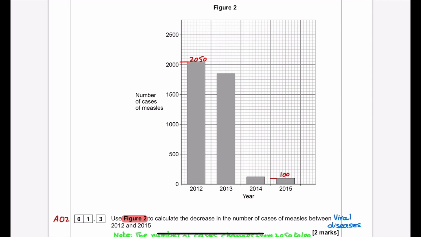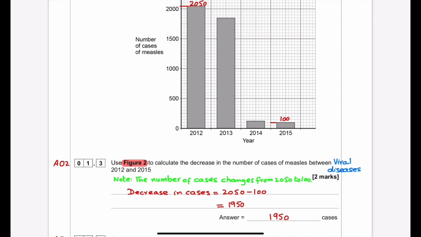So there is a decrease of cases from 2012 to 2015, and how much is the decrease? The decrease in cases is equal to 2050 minus 100. So we get 1950 cases. So the decrease in cases from 2012 to 2015 is 1950.